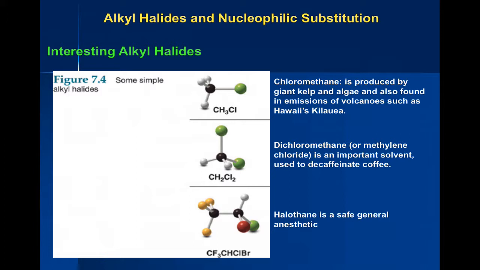Halothane, okay? Notice all these halogens on this thing. This is a general anesthetic. This is what knocks you out, okay? Does anybody know what they used to use early on as an anesthetic? Diethyl ether. So you would breathe ether vapors and you would conk out and they would do their surgery. The problem with that is if you're having heart surgery, for example, they have to stop your heart, right?